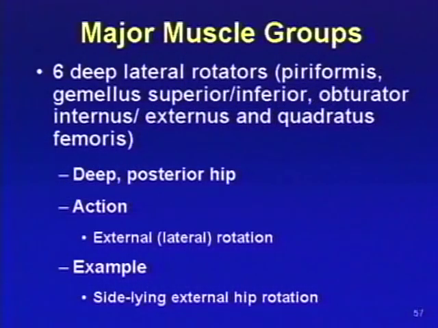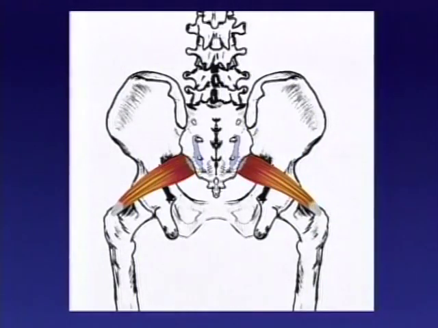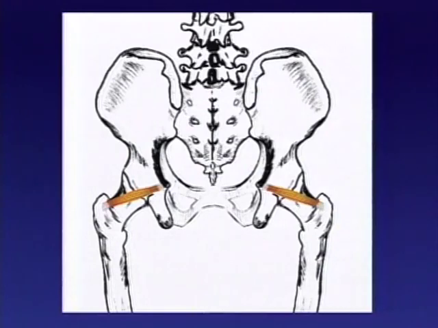We're now ready to talk about our final posterior muscle groups, the 6 deep lateral rotators of the hip. And again, these include the piriformis, the gemelli, the obturators, and the quadratus femoris. The piriformis originates on the anterior surface of the sacrum and inserts on the greater trochanter of the femur. The gemellus superior originates on the posterior ischium and inserts on the greater trochanter of the femur.